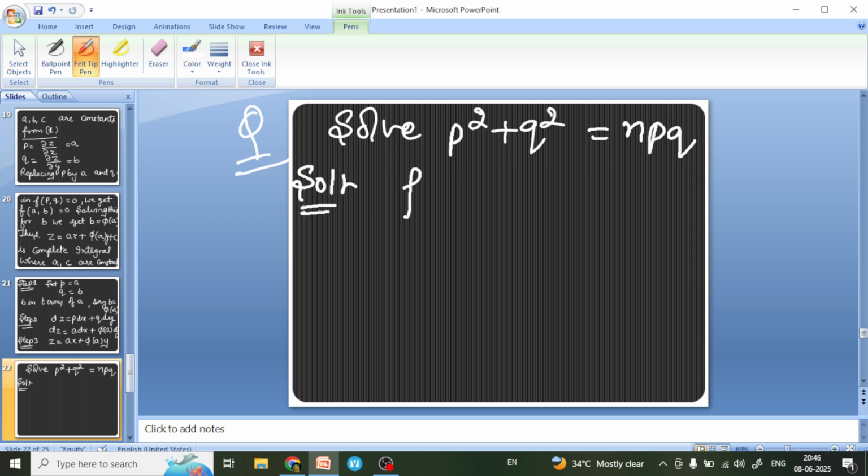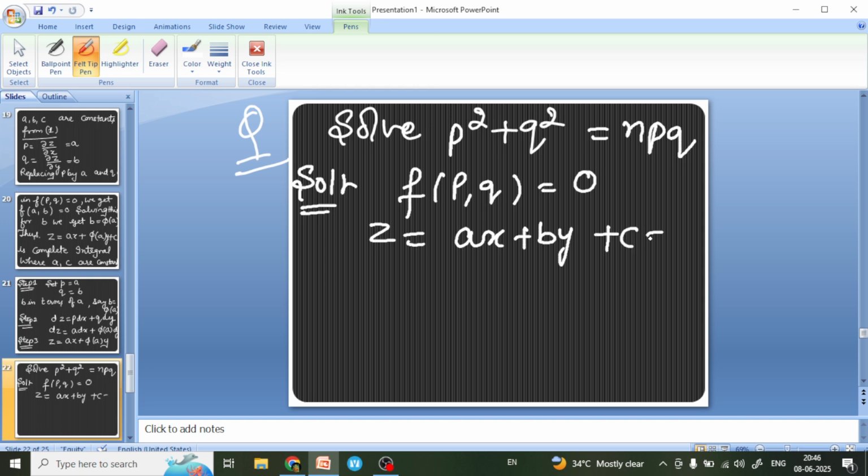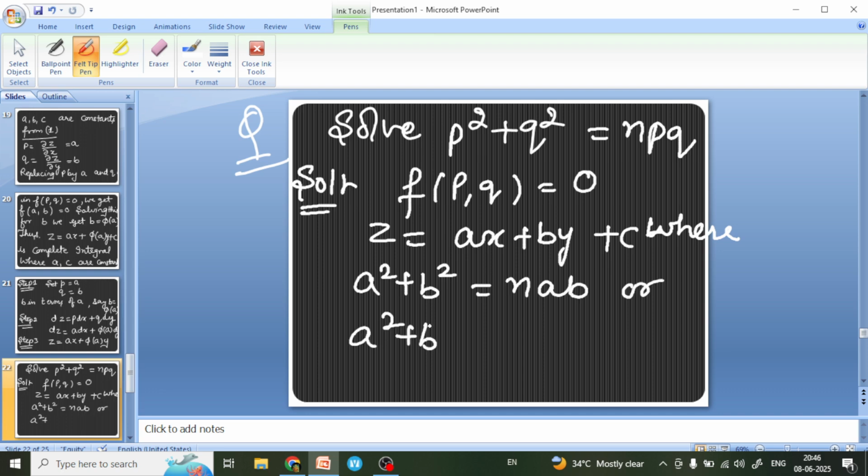First of all, write this in the form f of p comma q equal to 0, and z is equal to ax plus by plus c, where a square plus b square equal to nab, or you can say a square plus b square minus nab equal to 0.